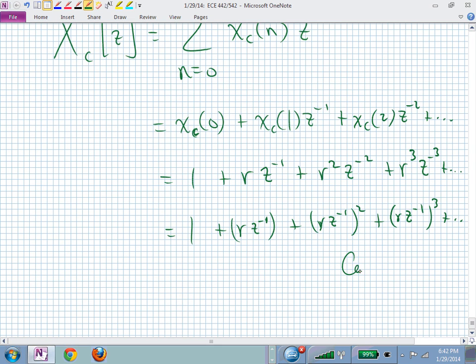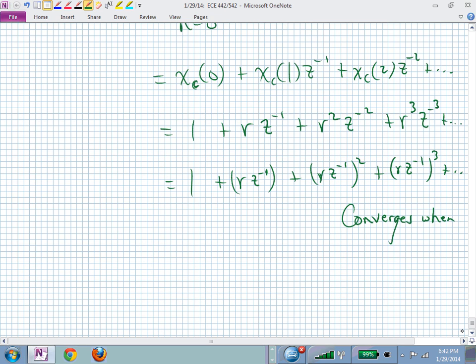This sum converges when what happens? I need to just find the ratio between those different terms, don't I? And that's just r z to the minus 1. And I need that to be less than 1 in magnitude. So this is going to converge as long as the magnitude of r z to the minus 1 is less than 1.